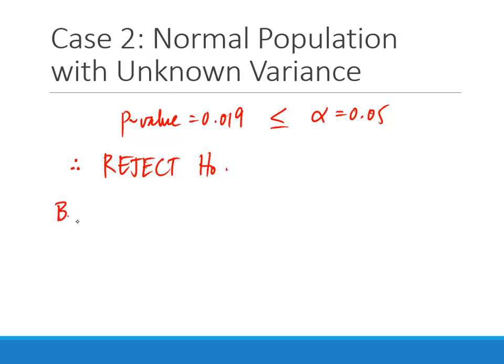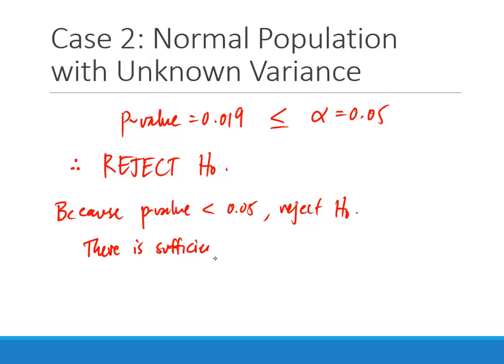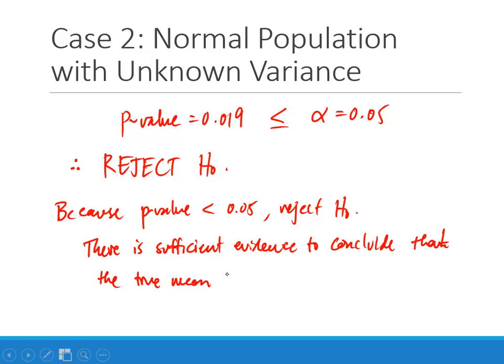Because the p-value is less than 0.05, we reject the null hypothesis. What that means is that there is sufficient evidence to conclude that the true mean escape time is more than 6 minutes.